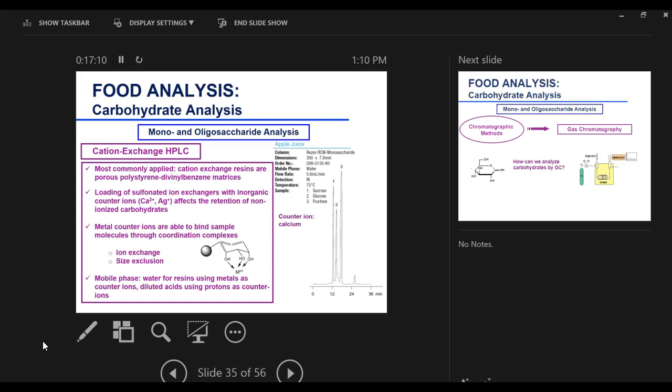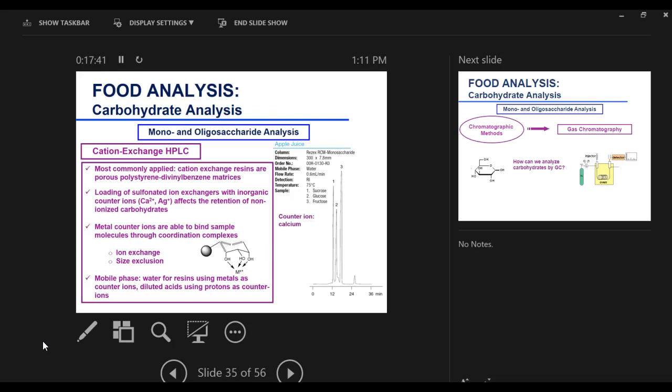So then this positively charged ion that is interacting with this molecule will then interact with your negatively charged column. But there is another mode of separation that is size exclusion. So there is a combination, you're separating based on size and charge. And in size exclusion, the larger molecule comes out first, and the smallest molecule comes out last. So the order of elution here is swapped. So you can see that sucrose comes out first, then glucose, then fructose, which is the smallest in coordination.